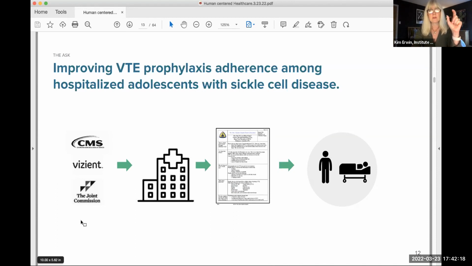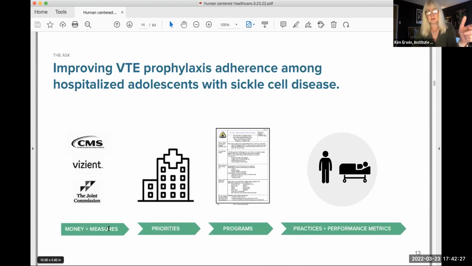And so this is something I don't think is obvious, and designers are not necessarily trained to be able to see these factors, that money and measures, which are what these three organizations, and there are others, but those are the three big ones, create hospital level priorities. Hospitals do a top-down determination of programs, and programs drive the practices and the performance metrics around those practices.